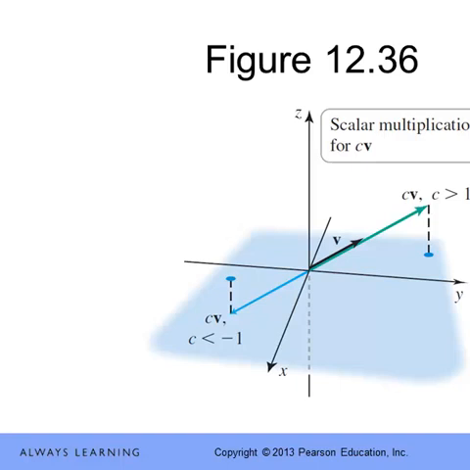Now when c is positive, the resulting vector cV will still be pointing in the direction of vector V. If c is a negative number, the resulting vector will still be parallel to V, just pointing in the opposite direction. Of course, what do you get when c is 0? Well, you get the zero vector, right?